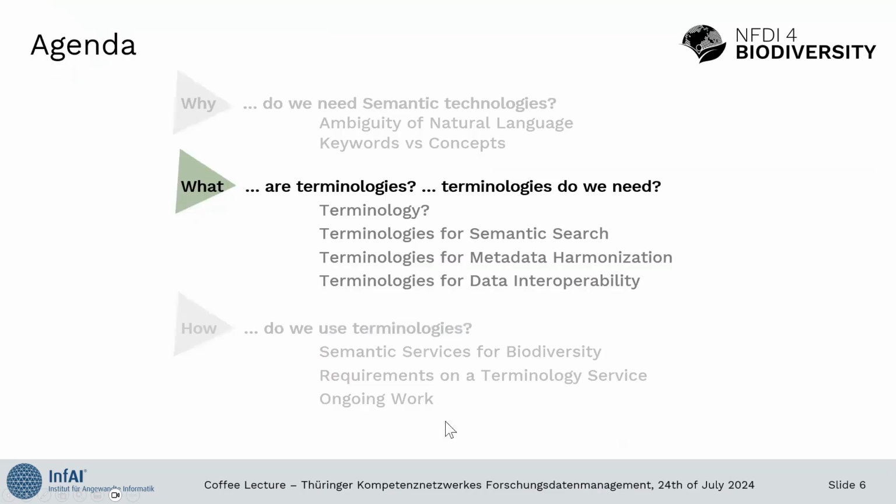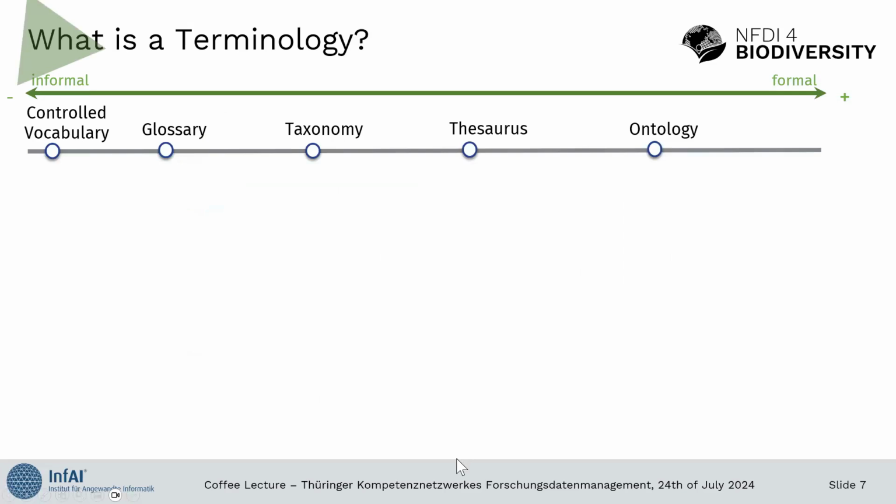So we come to the next part, where I will talk about what we mean by terminologies and what kind of terminologies we need. If we take all kinds of terminologies, from the most informal to the most formal, we can go from controlled vocabulary to ontology. A controlled vocabulary is a simple list of terms.